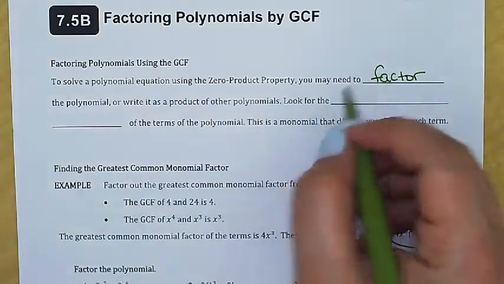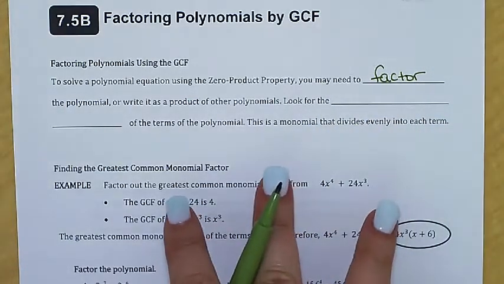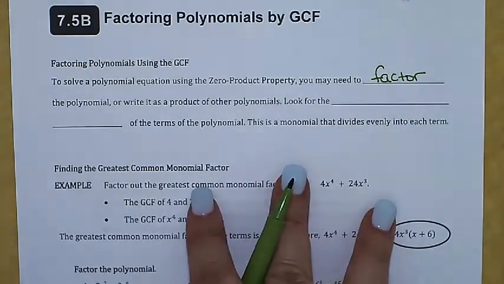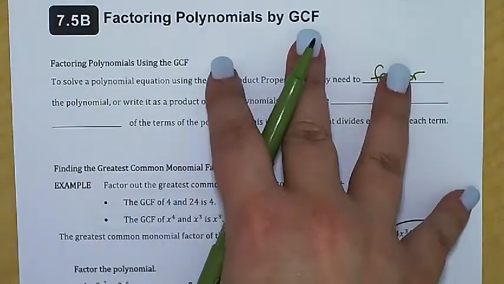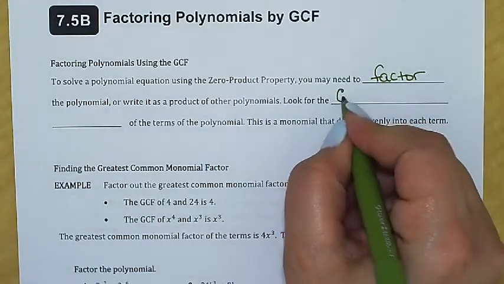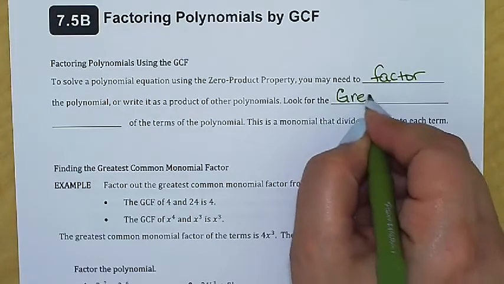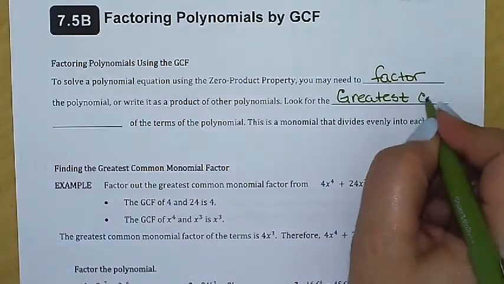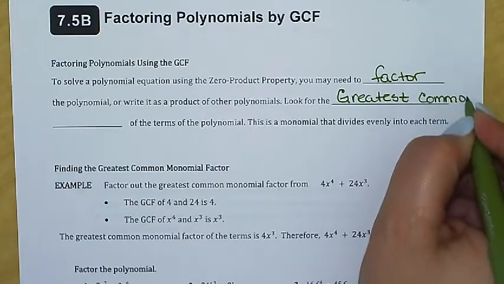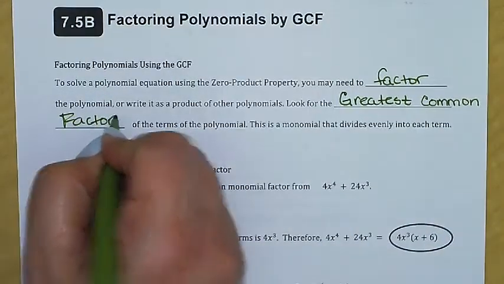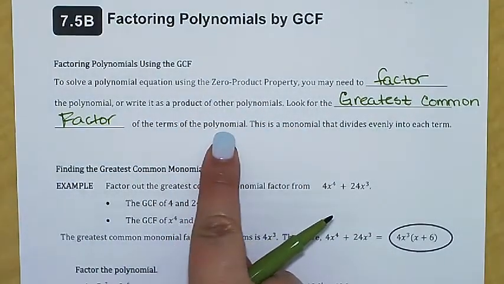So to start off, the first step, even after we learn other methods, is going to be to factor by GCF if possible. So we're going to look for the GCF, which is the greatest common factor of the terms of our polynomial.